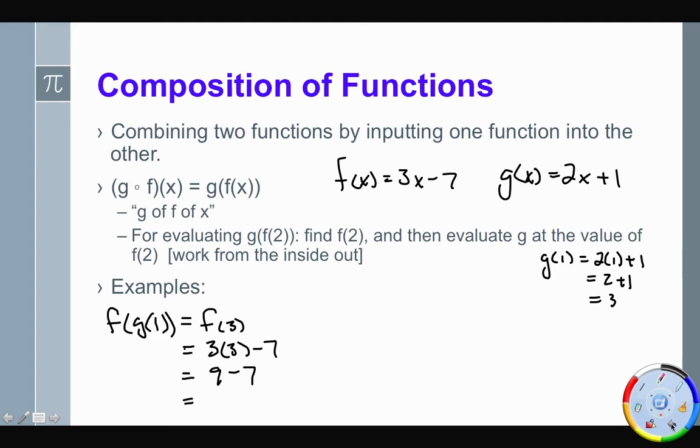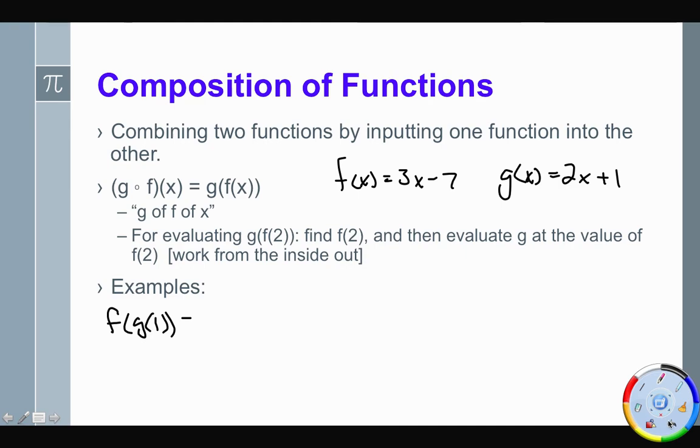All right, so with that, we could also do something a little bit different. Rather than using a number, let's see what it means to actually do f of g of x, composing two functions, not looking for a numerical answer.